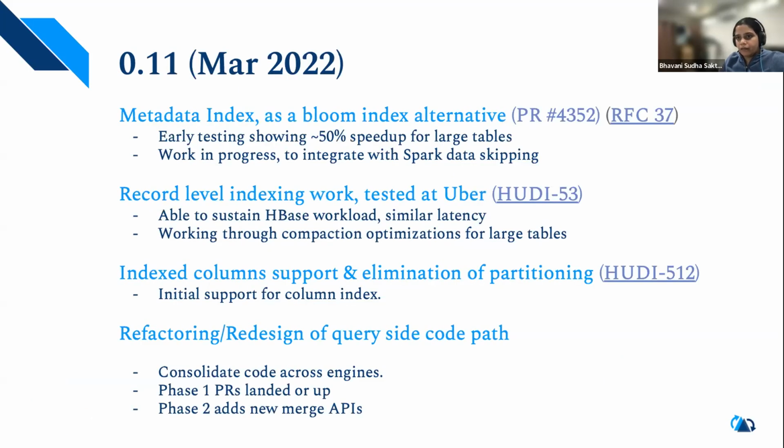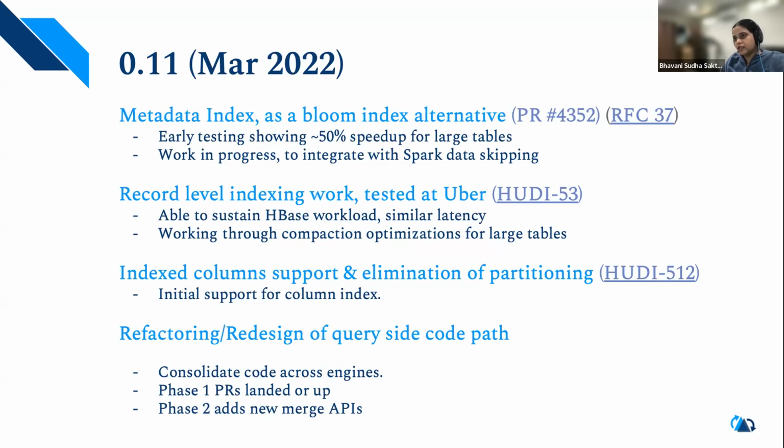Moving on to the 0.11 feature highlights, here are a few. We're working on a metadata index in 0.11 as an alternative to the Bloom index implementation. Hudi has a couple of indexing schemes, and we sometimes see that with Bloom index, for certain use cases where there is a large number of files, there can be large shuffles causing performance issues.